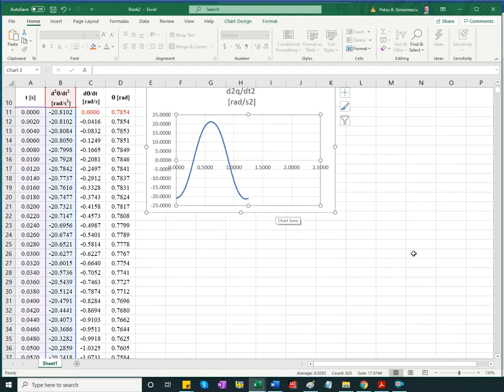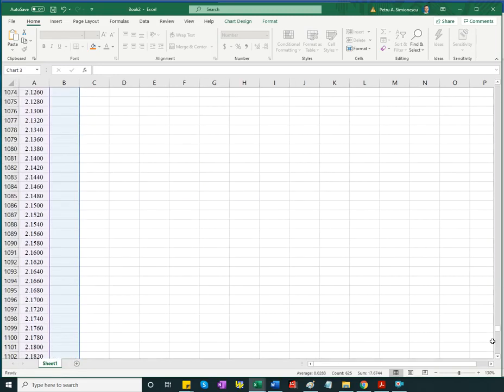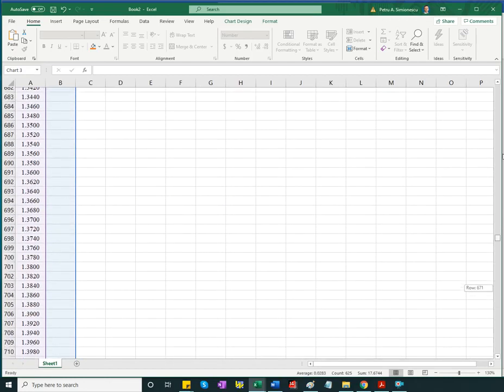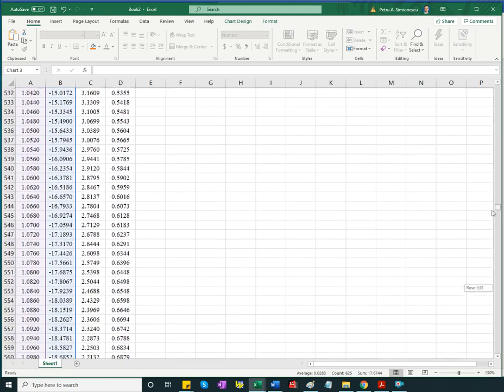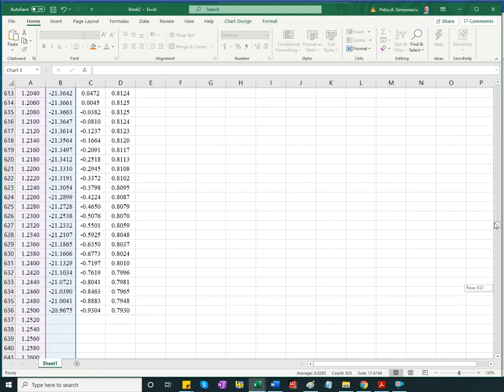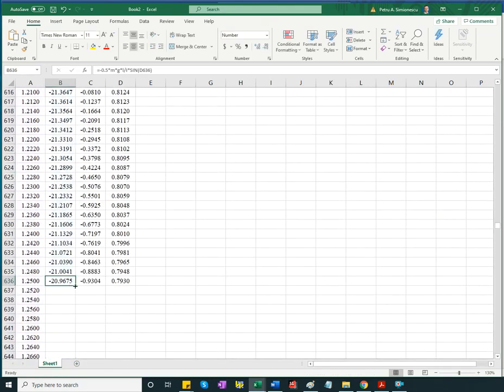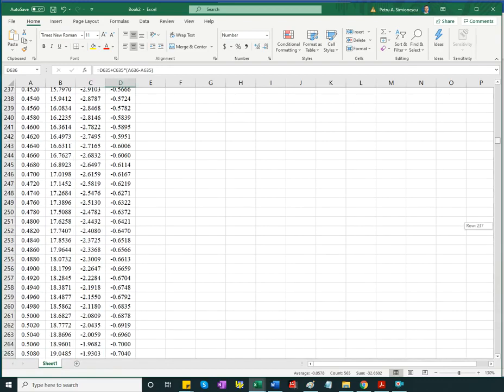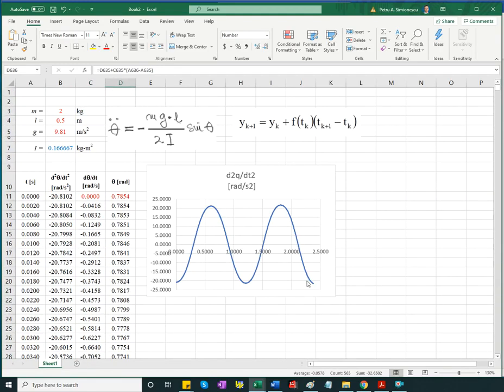Okay. Oh, it stopped. Didn't want to. So what I need to do is to go where the graph values are, and expand them all the way down. All right. So now I have multiple oscillations, actually 2.